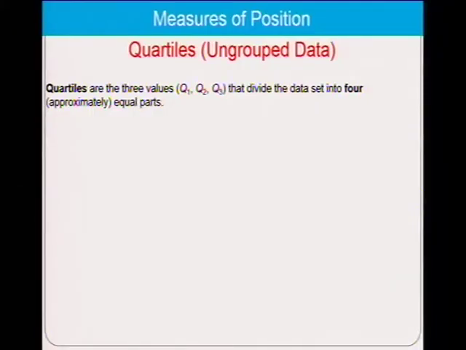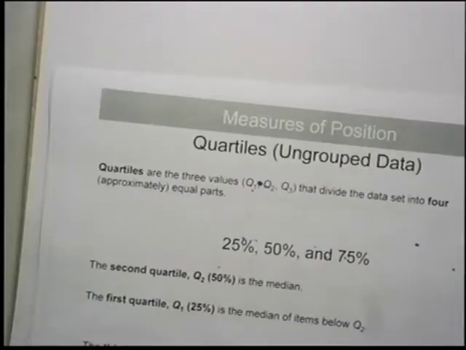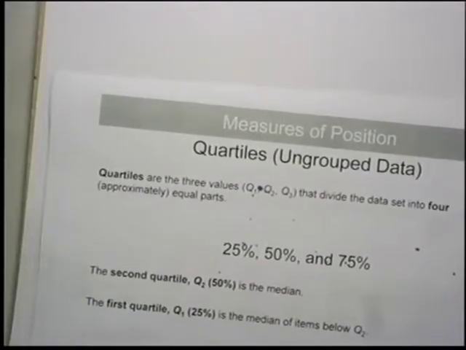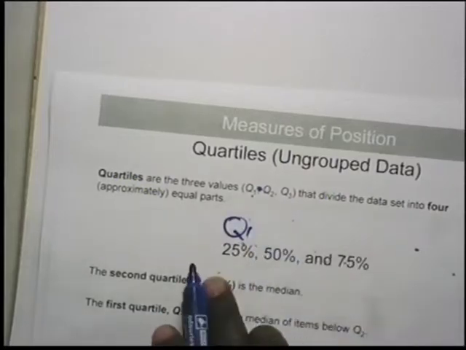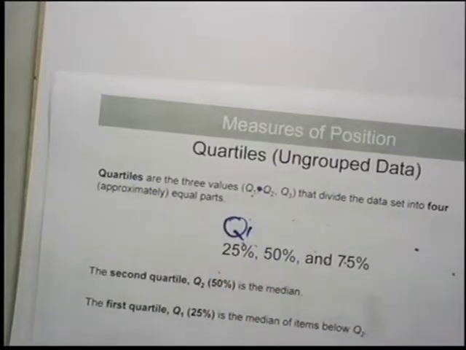So quartiles, we've said, are the values that separate the given data into 4 equal parts. Now, we've got the second quartile. The second quartile means 50 out of 100, which means it's 50%. In this case, the first quartile, Q1, is 25% of the data given. That's the first quarter.